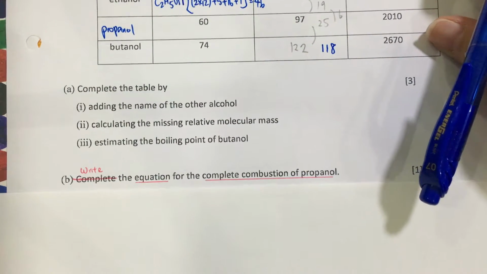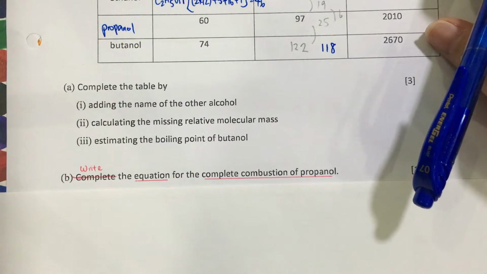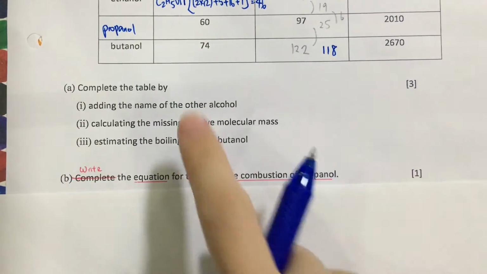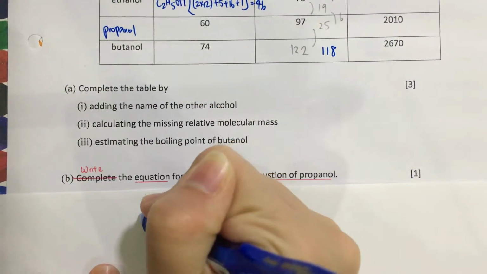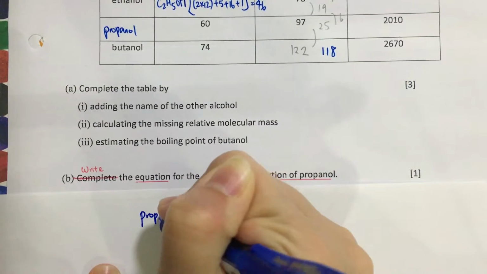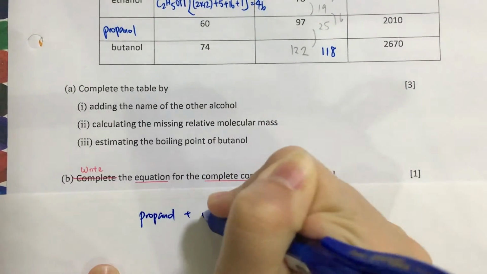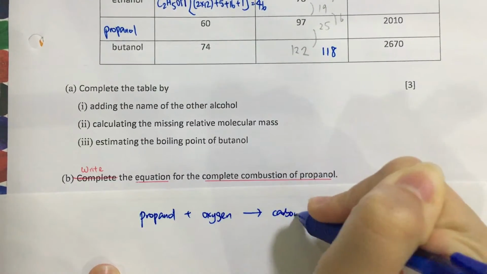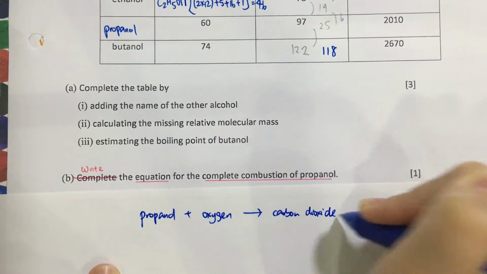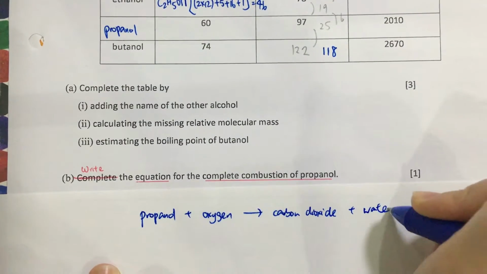Okay, now write the equation for the complete combustion of propanol. So we have propanol. First of all, what you need to know is that propanol, for complete combustion, will react with oxygen to give you carbon dioxide and water.